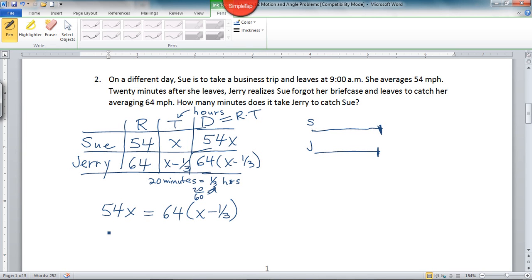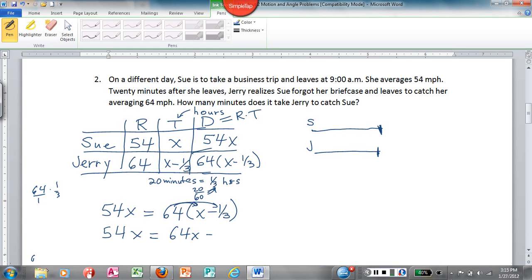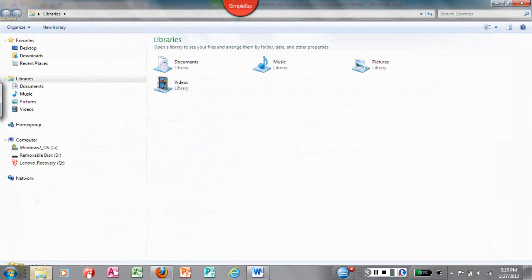All right, well, how do we solve that? Well, we distribute the 64 here, right? 64 times x, 64 times 1/3. Note that 64 times 1/3 is 64 over 1 times 1/3, 64 over 3, in other words.